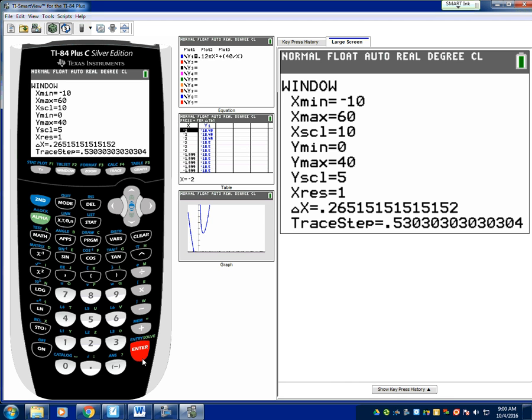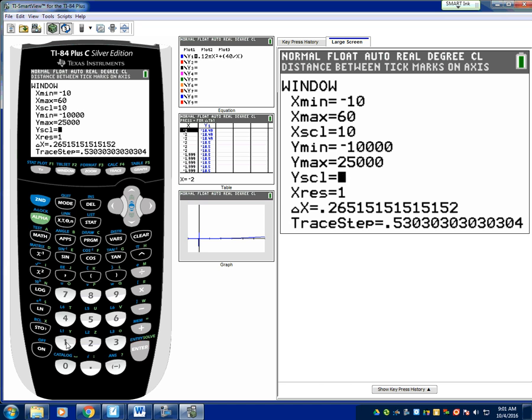And then the y min, here's my suggestion: negative 10,000 for the y min, and then 25,000 for the y max. And then our scale had better be at least 1,000, so maybe make your y scale 1,000.